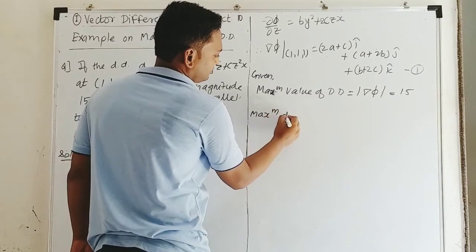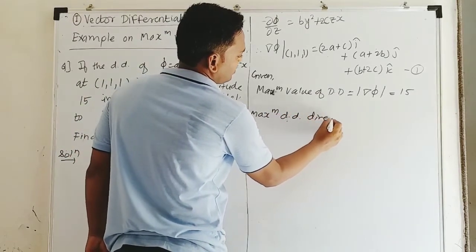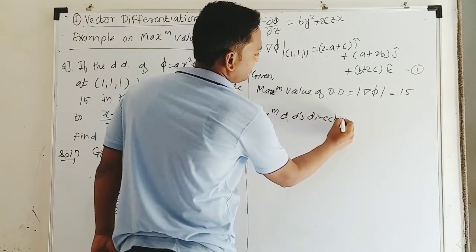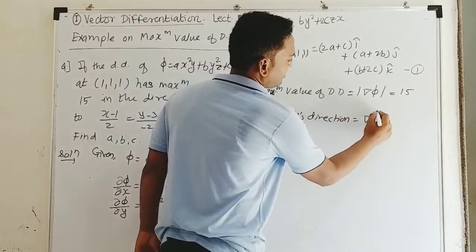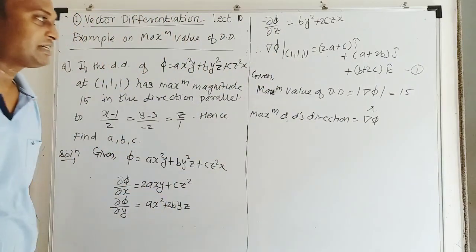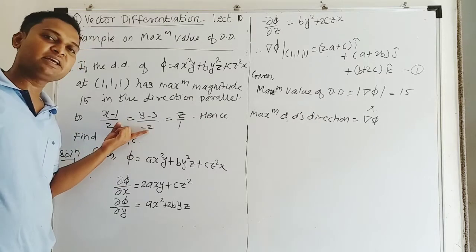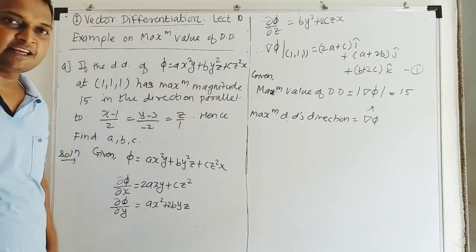And the direction of the maximum directional derivative is given by del phi cap, right? So this is the direction of that maximum directional derivative, and it is parallel to this line. So whatever direction this line has, the same direction del phi cap will have.